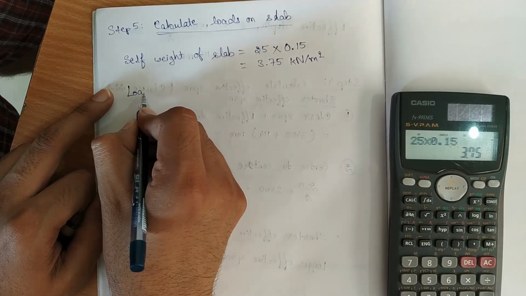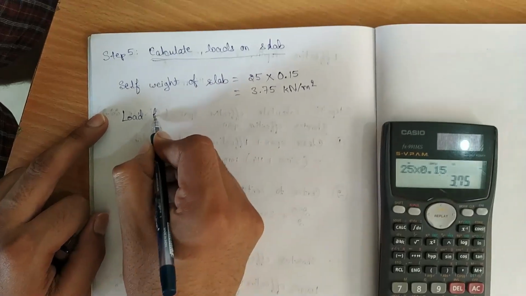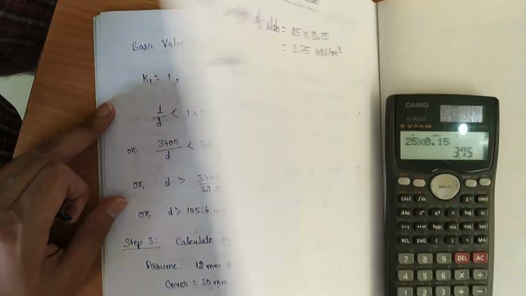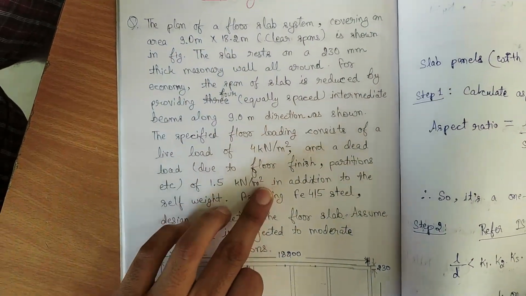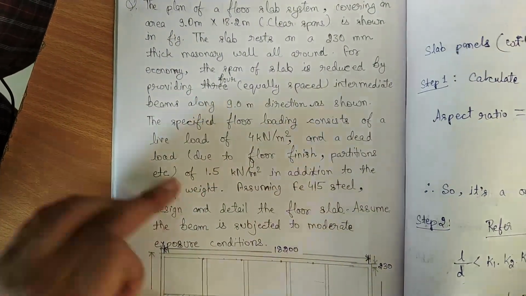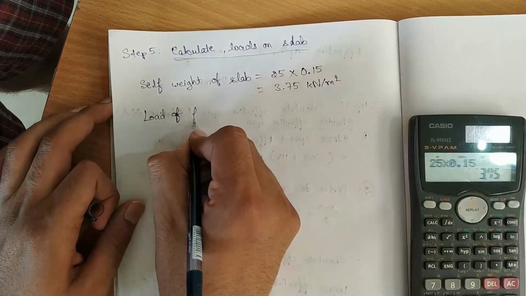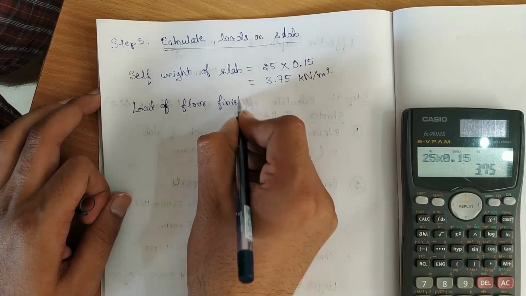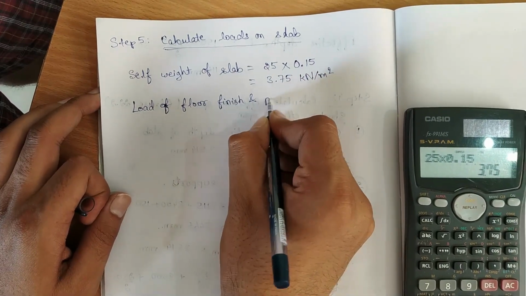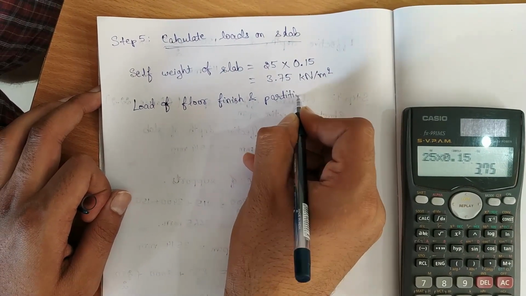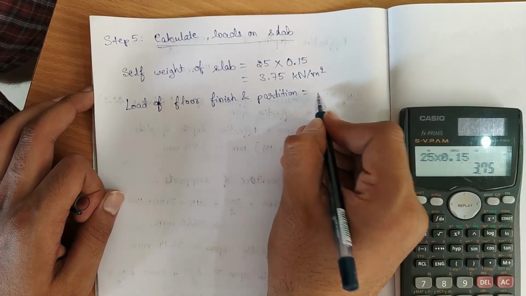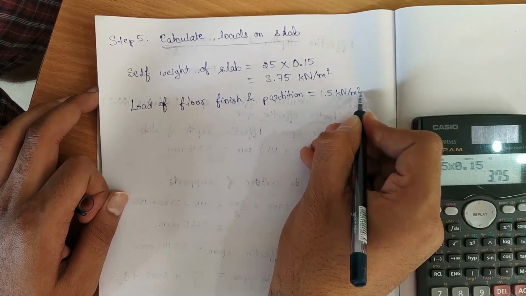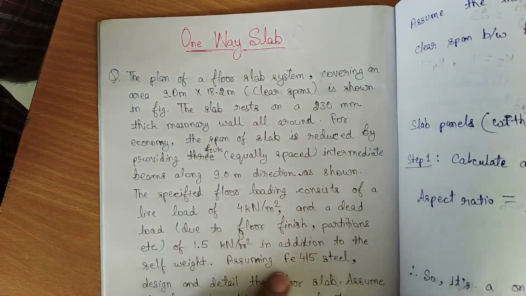Load of floor finish and partition was 1.5 kilonewton per meter square. You can see it, it's here.